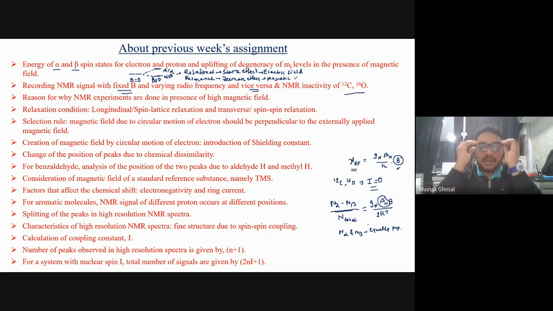If they have almost equal population, there will be no transition. To make a transition possible, you need a magnetic field which changes the difference between the populations of these two states. That's why NMR experiments are done in the presence of a high magnetic field.